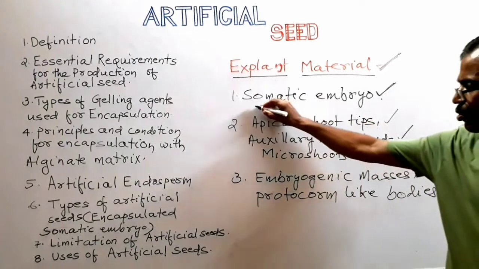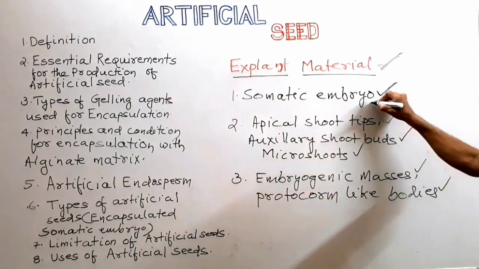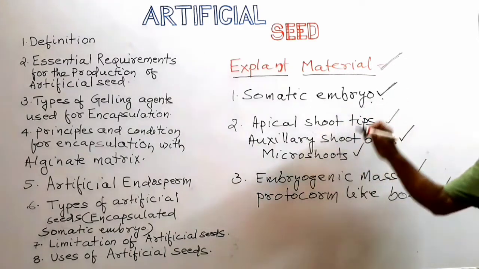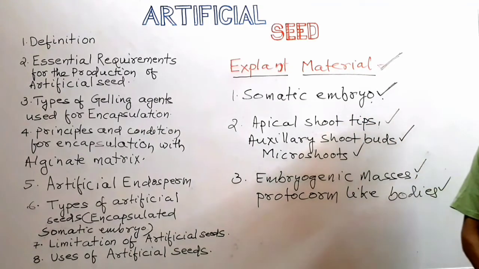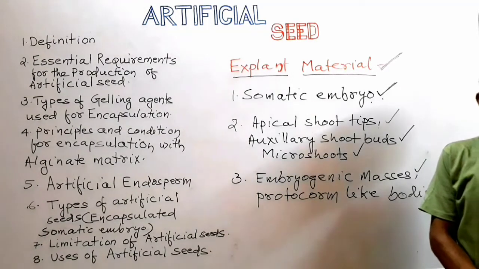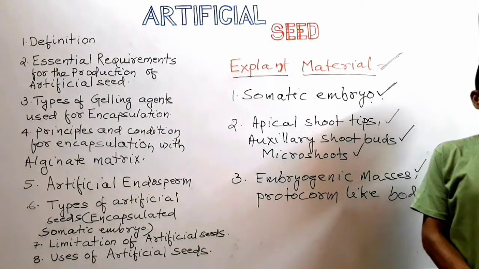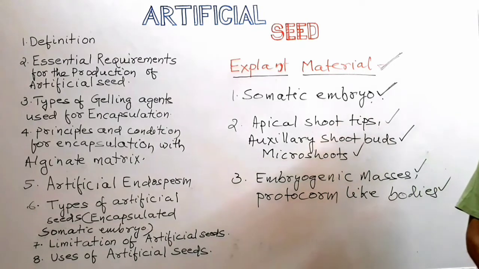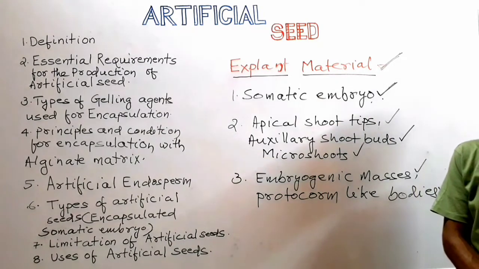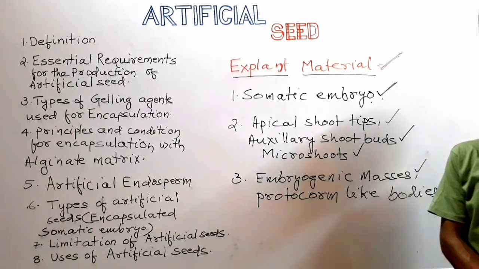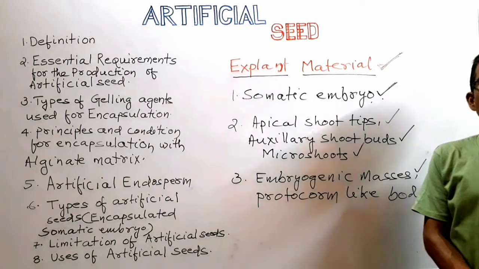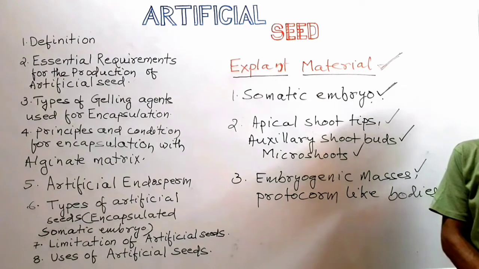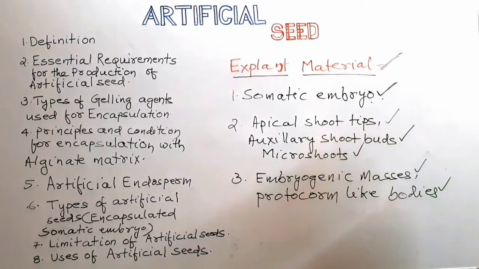First is somatic embryo. Somatic embryos are most common propagules that have been used for the production of artificial seeds. And somatic embryos are bipolar structures. They possess both apical meristem and basal meristem, so they can germinate like seeds and form root and shoot simultaneously.